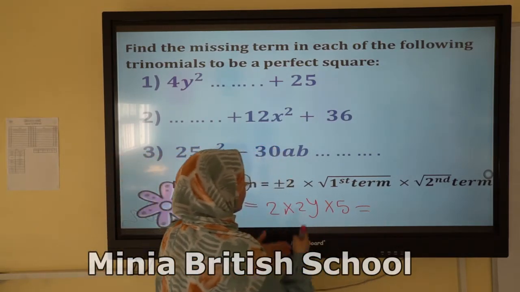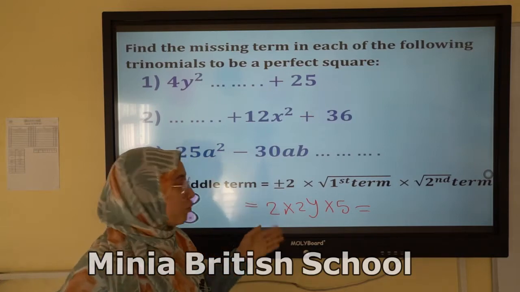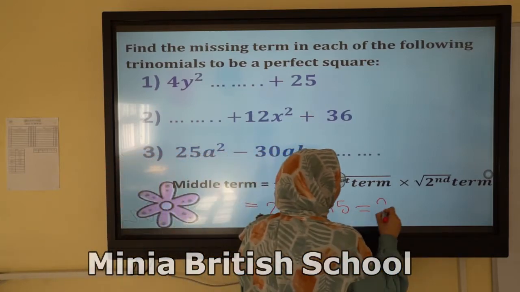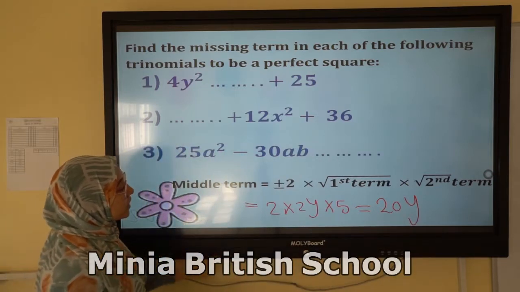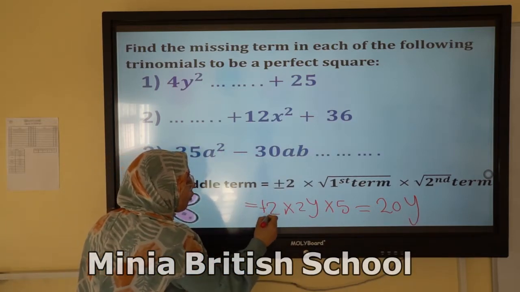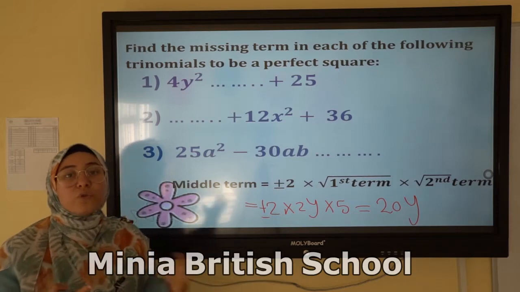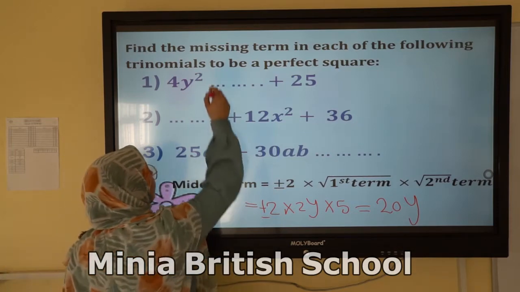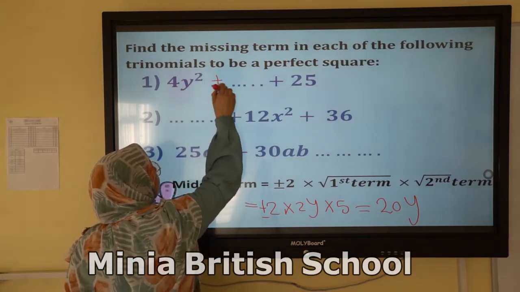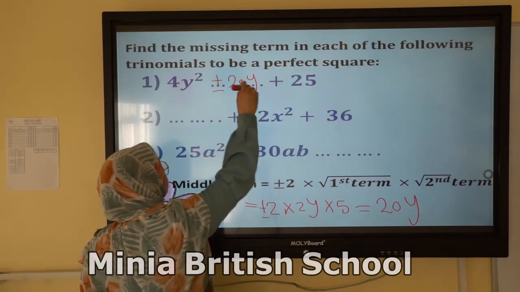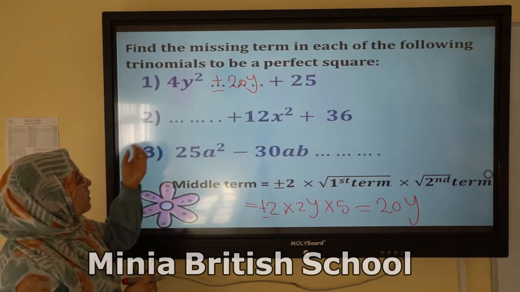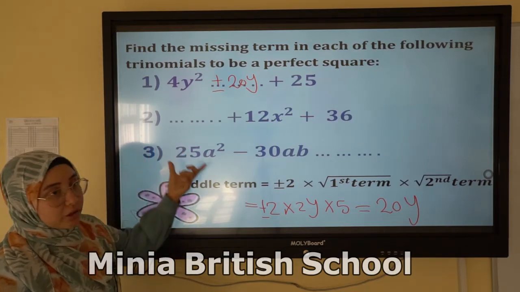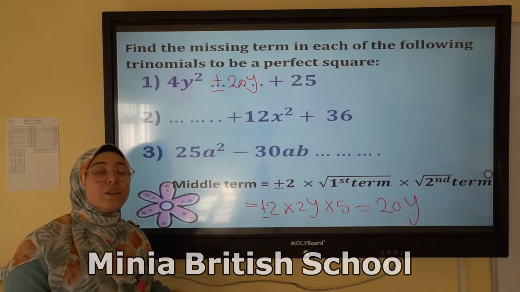So 2 times 2 equals 4, 4 times 5 equals 20, so 20y. So the answer here is positive or negative 20y. But in number 2, the missing term here is the first term.